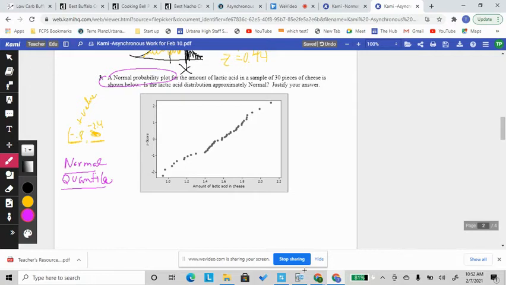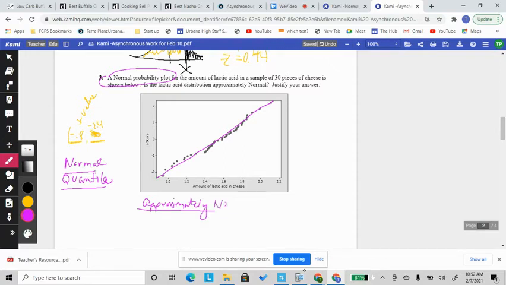All you need to know is that if this data is a normal curve, it will go up in a linear fashion. That's it. So if you see this and they ask you to comment on it, all you have to say is yes, this is approximately normal. Never say exactly normal. Nothing is exactly normal in real life.